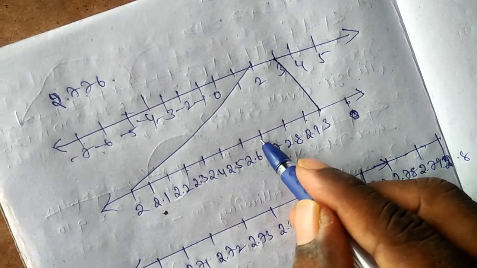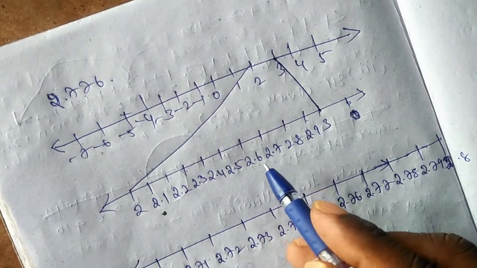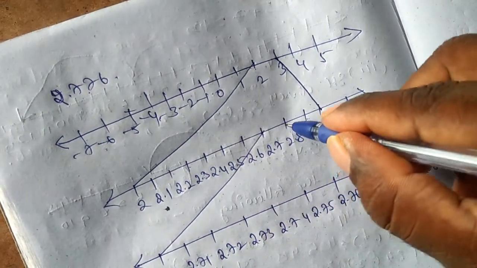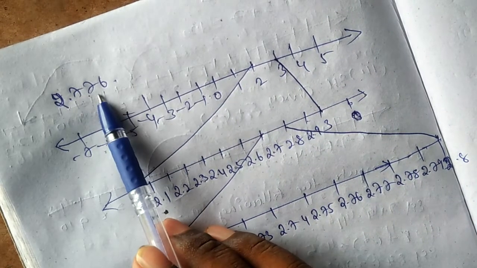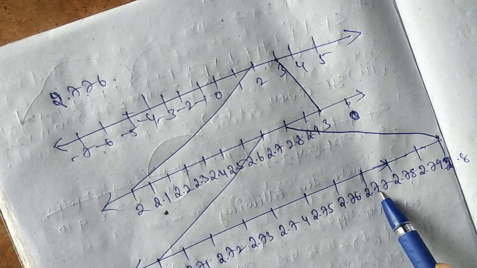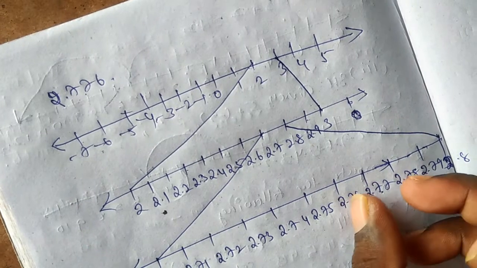I take the portion between 2.7 and 2.8. Where is the number? 2.776 lies between 2.77 and 2.78.